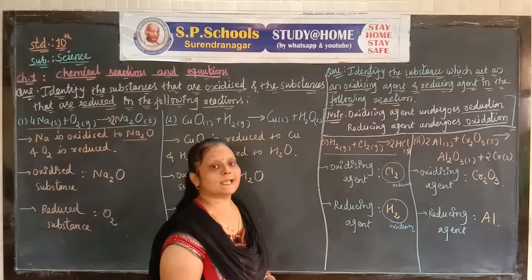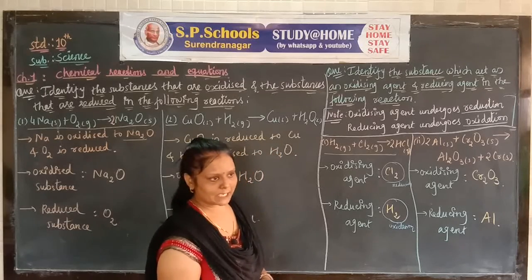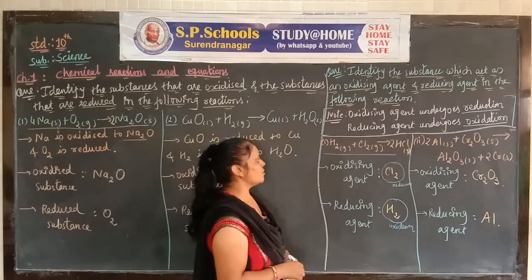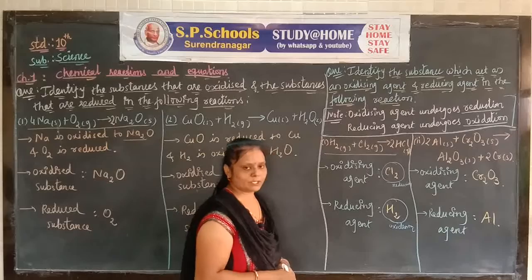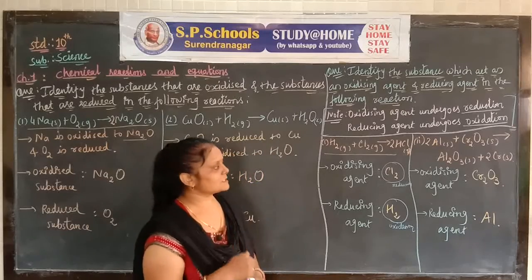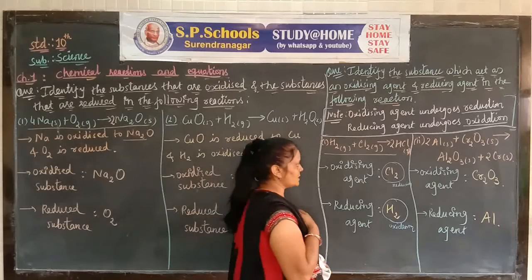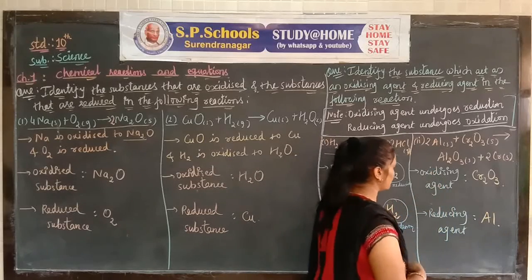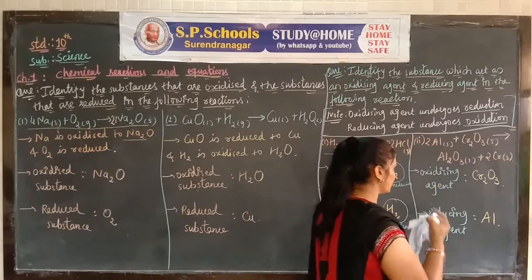Whenever the equation is asked with H, you have to concentrate more to get the oxidizing agent and reducing agent. Whenever oxygen comes in the equation, we can find the oxidizing agent and reducing agent easily.